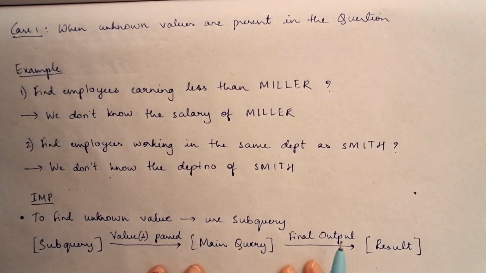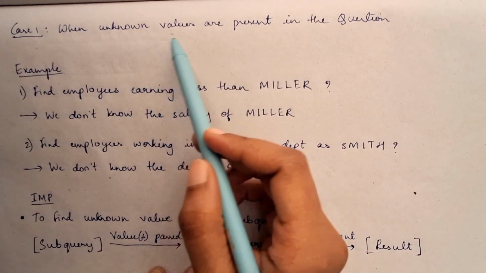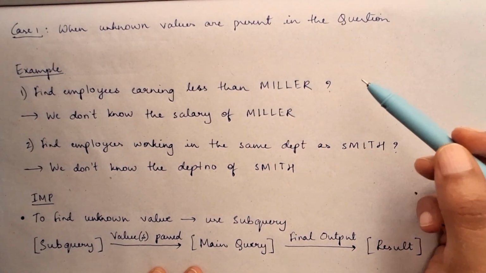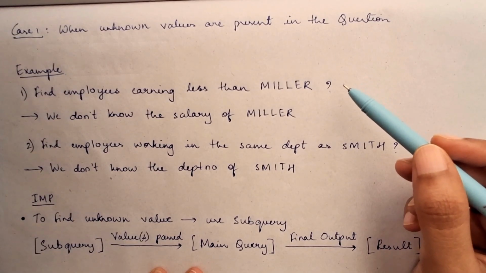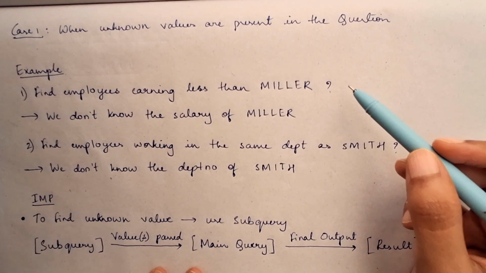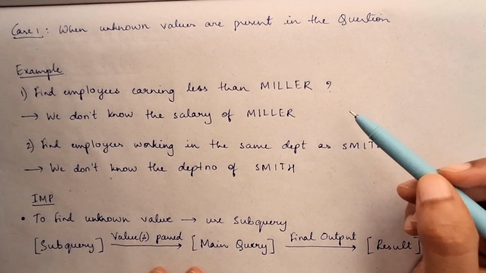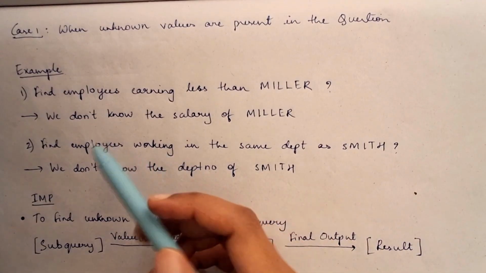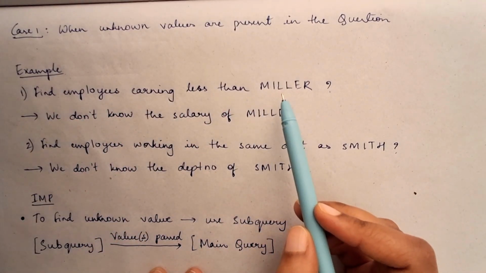Now let's understand case 1. Case 1 is used whenever there are unknown values present in the question. Guys, please listen carefully. Sometimes in SQL problems, the question asks us to compare the data with a value where that value is not present in the question. For example, the question may say something like find employees earning less than Miller.